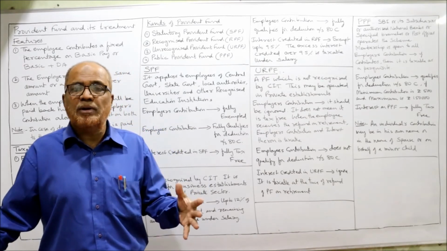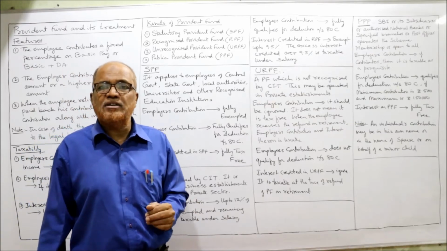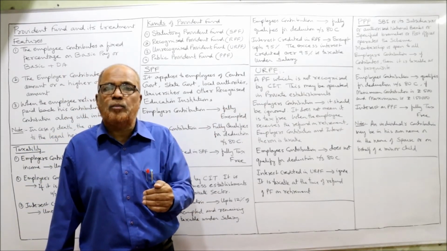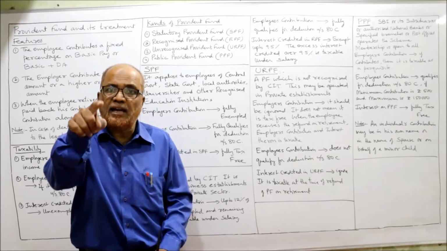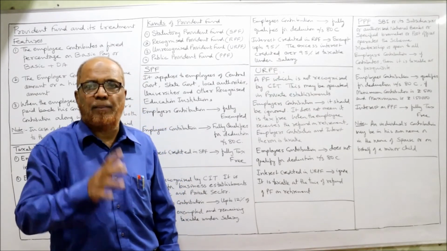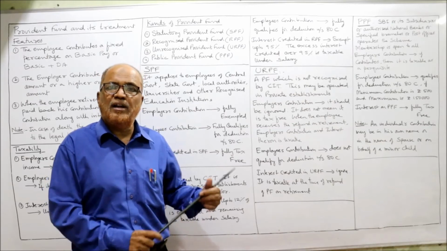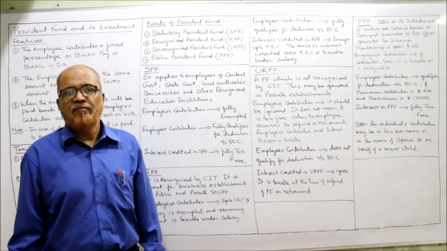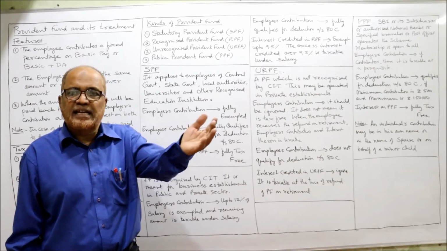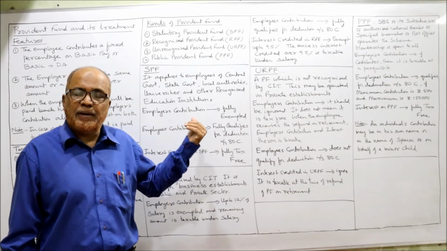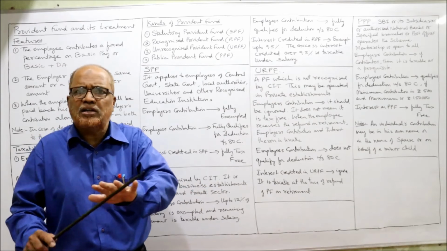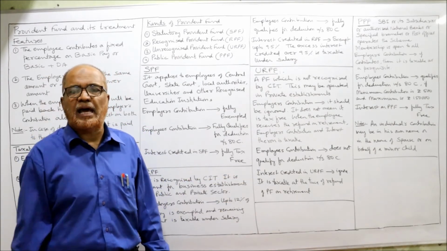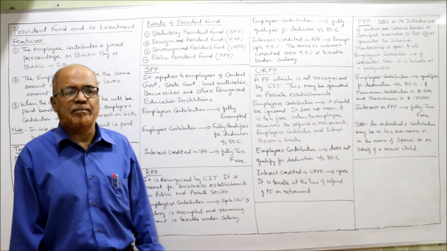A huge taxable amount. For example, at the time of retirement, Mr. X gets a refund from URPF of 10 lakh rupees. On that 10 lakh rupees, income tax will be applied. Whereas the refund from RPF and SPF is completely exempted. When a person at the time of retirement gets the refund from SPF and RPF, it is not at all taxable. But in case of URPF, it is fully taxable at the time of retirement.